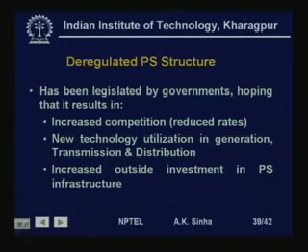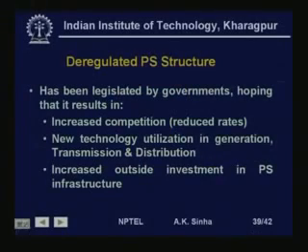Whereas in the deregulated power system structure, the generation, transmission and distribution parts are unbundled. This is being done to increase competition by bringing more players into this business, and with competition it is expected that the tariff will reduce. It will introduce new technology in generation, transmission and distribution, as has happened in the telecom sector.